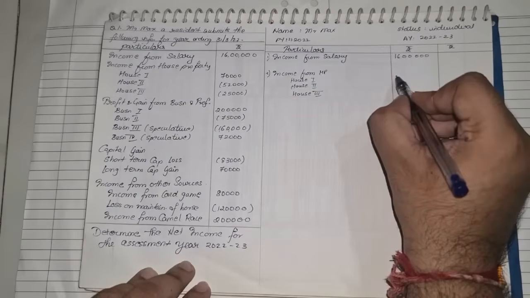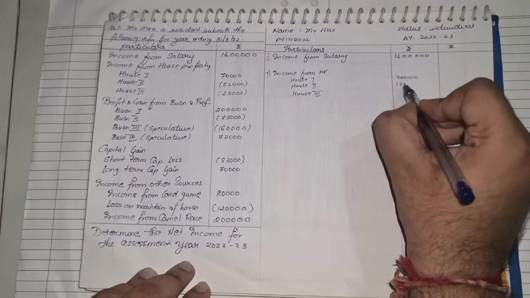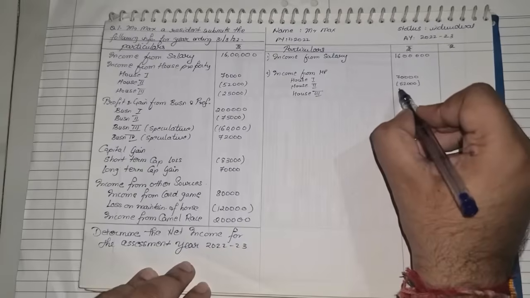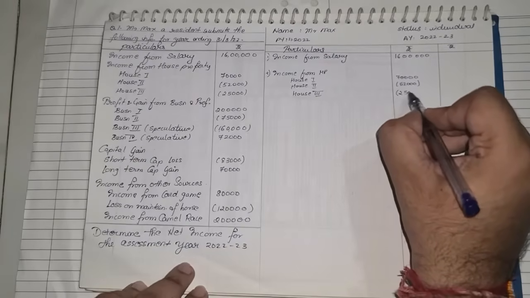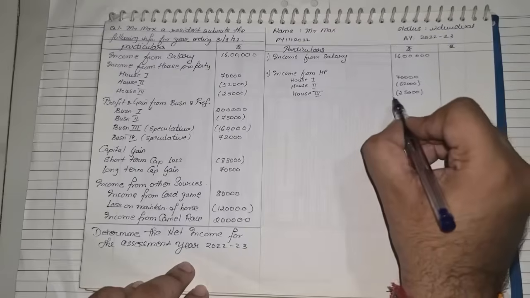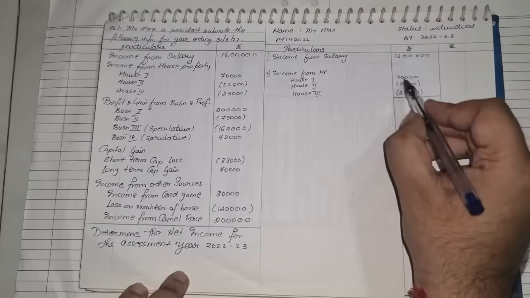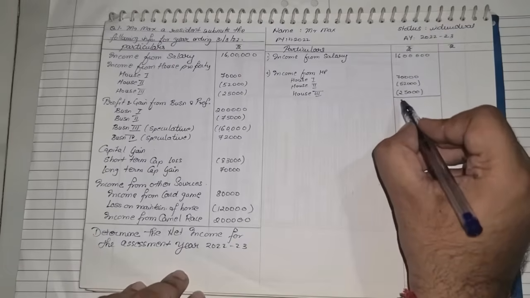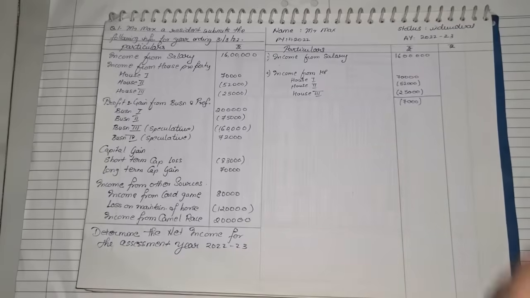The values are positive 70,000, that's income, negative 52,000, that's a loss, and the third one is again a loss of negative 25,000. So the net amount, I'm getting 70 positive and 77 negative, so I'm getting a negative 7,000 here. So that's basically a loss from house property.